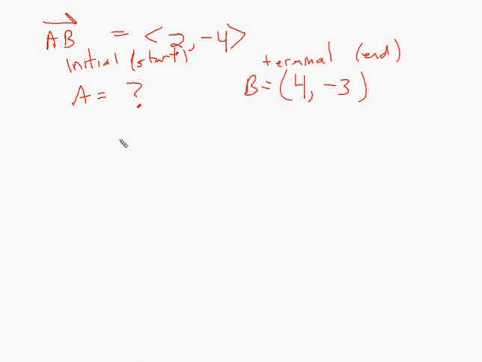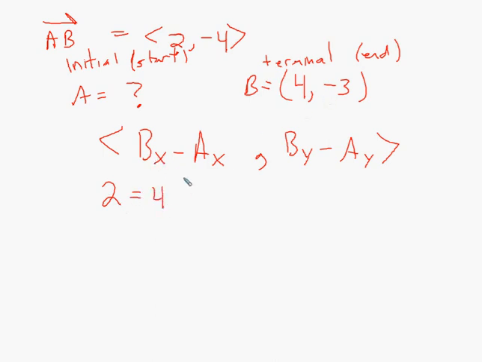Well, I'm going to do it the same way. When I set this up, in order to get this vector, that means I took bx and I subtracted ax. It means I took by and subtracted ay. Well, this got me 2. But this time I know bx is 4. So I subtract ax from it.